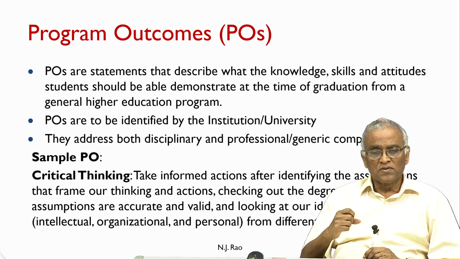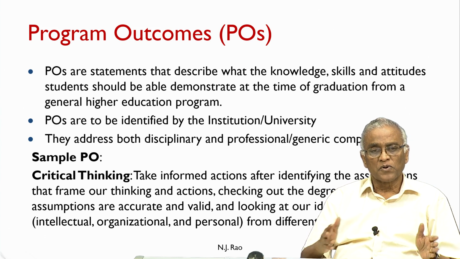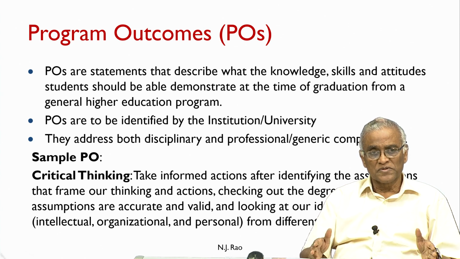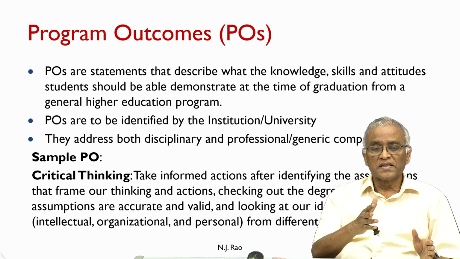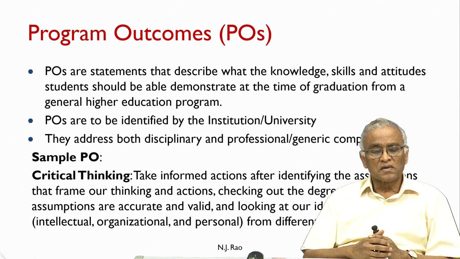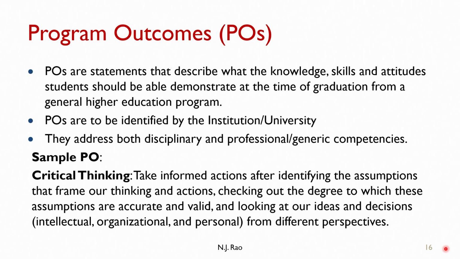For example, an autonomous institution may be offering some 20 undergraduate programs. Graduates of all the 20 undergraduate programs should attain these program outcomes. They are discipline agnostic, or what we otherwise want to call professional and generic competencies. That is what we call them.